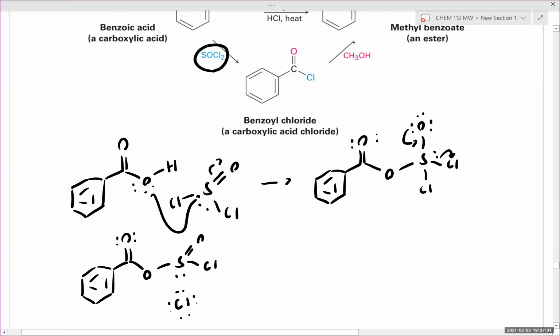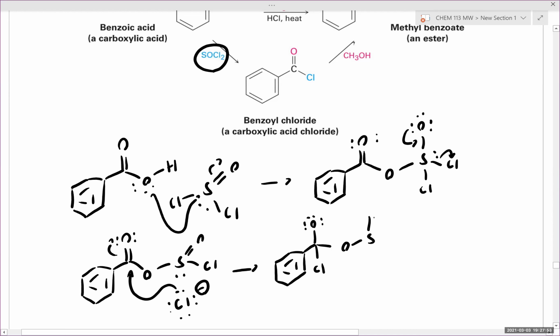Chloride then is going to attack our most electrophilic atom, and it'll attack the atom that would lead to a productive reaction. So we're going to attack our carboxylic acid carbonyl carbon.